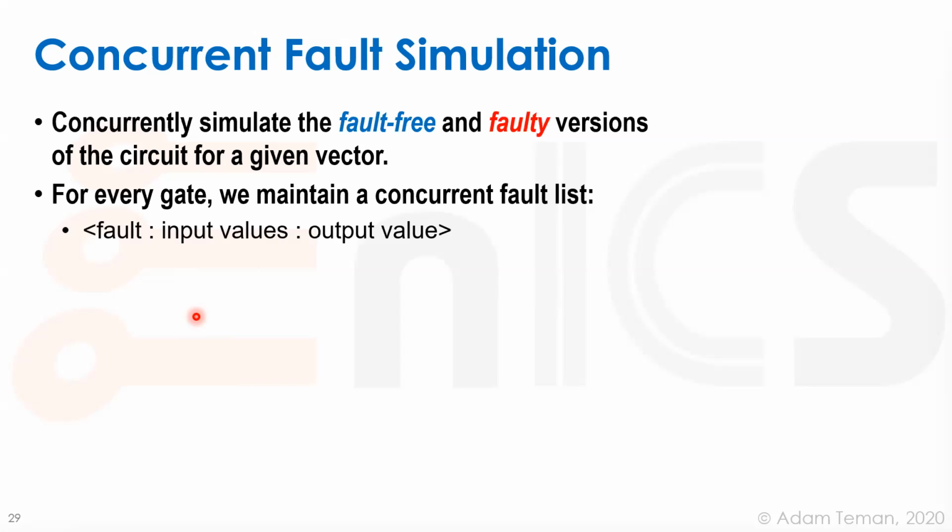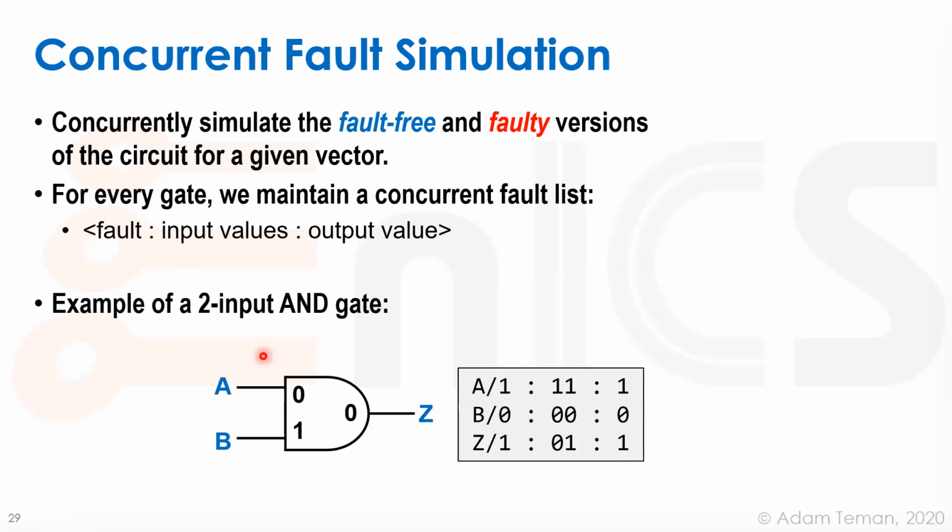And for every vector, every gate, we're going to maintain a concurrent fault list. It's going to show the fault, the input values that would represent that fault, and the output value for that fault. So let's see what this means. We take a 2-input AND gate. Okay, this is our vector, 0, 1, and we should have a 0. So the possible faults: A stuck at 1.